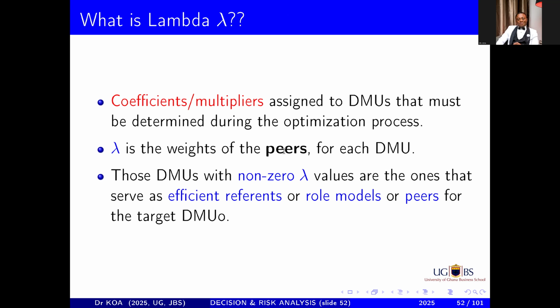Please, does that make sense? Yes, but in the example we just saw, we had lambda for all the DMUs, even though they are not. Which one? The example we just saw. So we did an example for DMU4, and we had lambda for all the DMUs from 1, 2, 3, and 5.